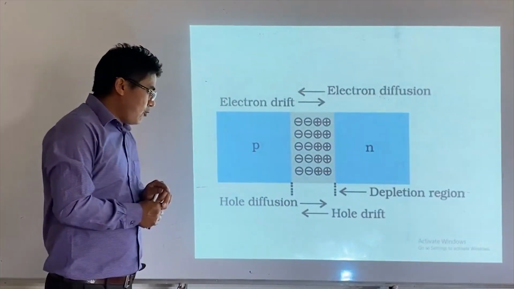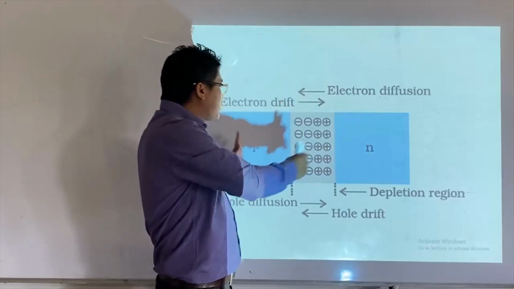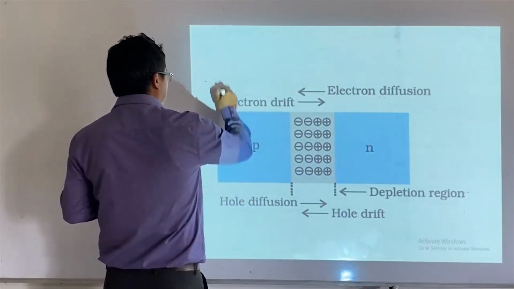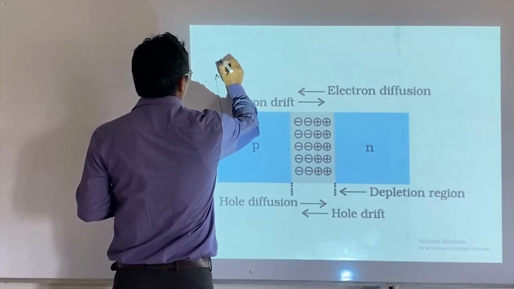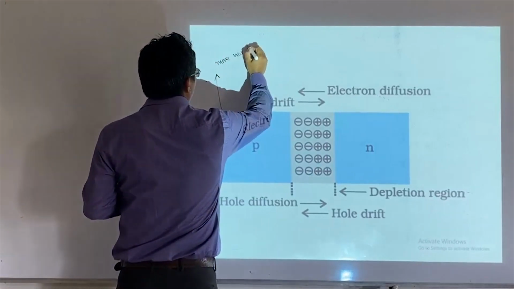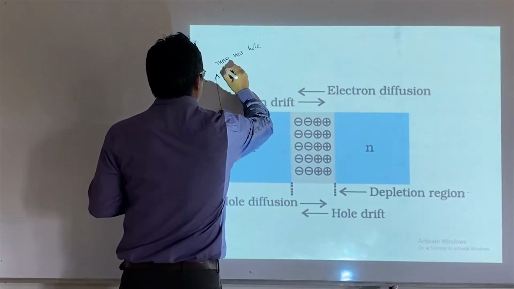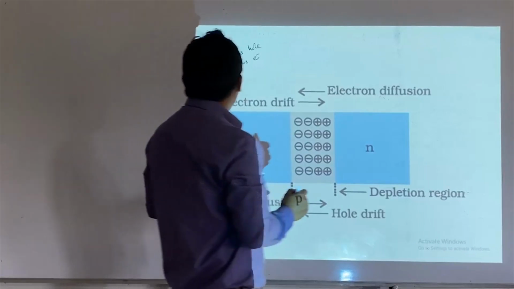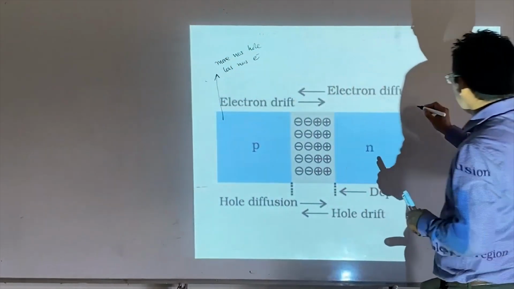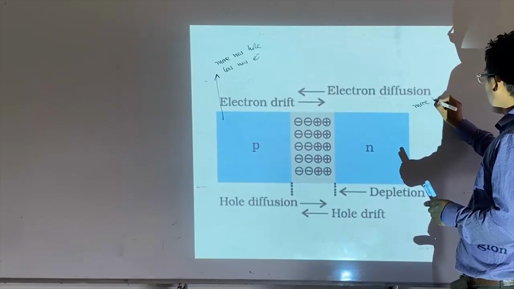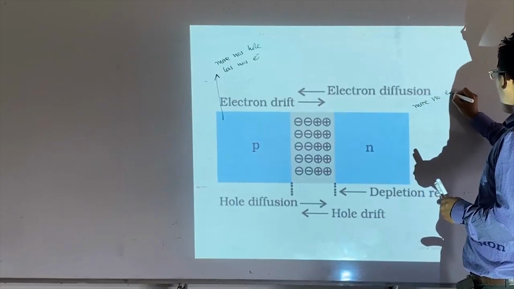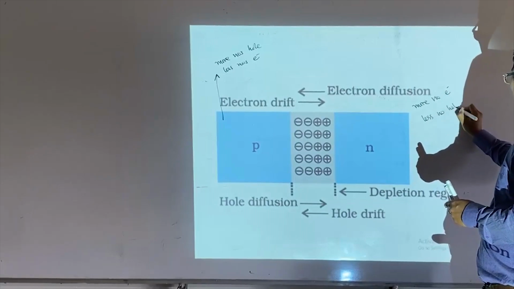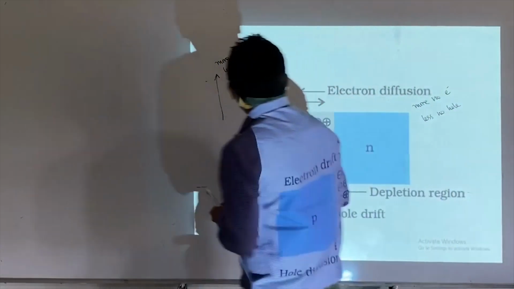As soon as I join the p-type semiconductor and the n-type semiconductor, the p-type semiconductor has more holes and fewer electrons. The n-type semiconductor has more electrons and fewer holes. Why?